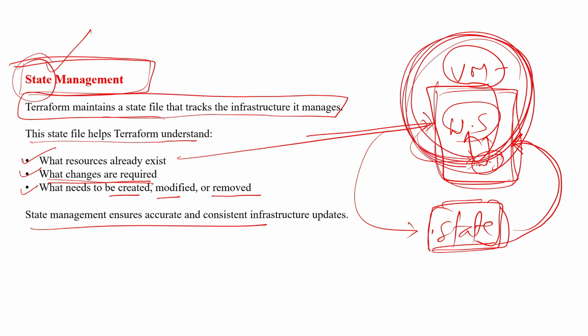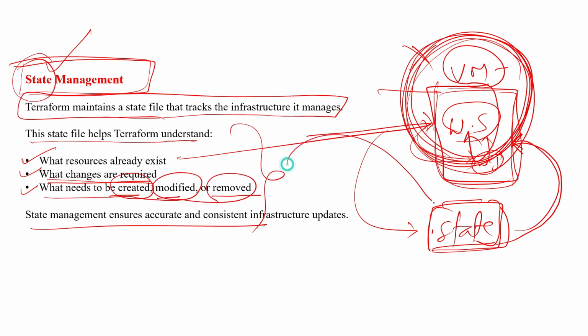Even if by mistake you are trying to modify any of the parameters there, it is not going to touch your existing infrastructure unless you are intentionally going to modify that. So it contains the information on the resources that need to be created, modified or removed. Every piece of information is maintained in this state file, and this state file has great importance in Terraform.